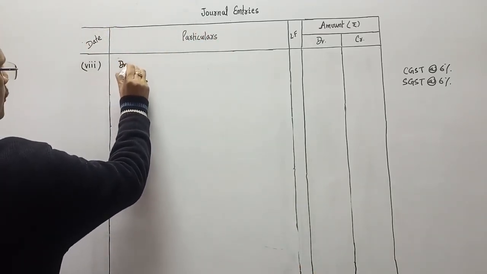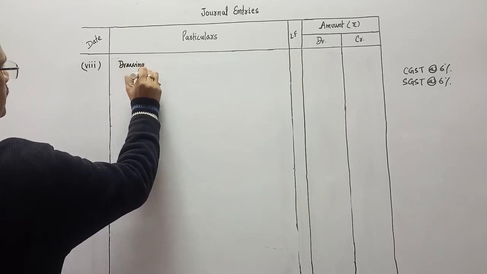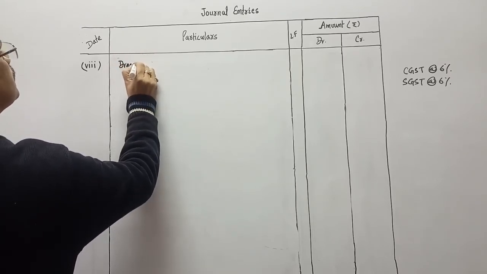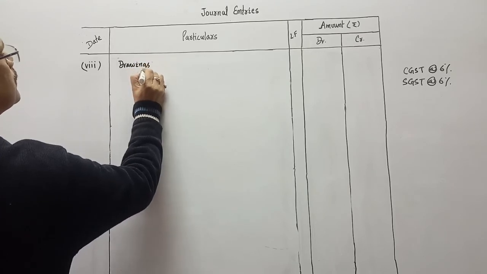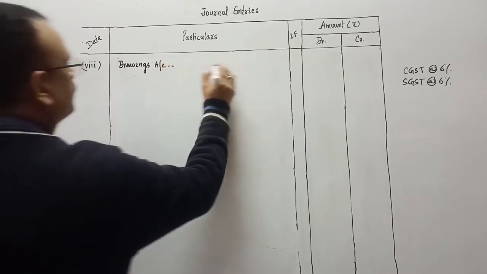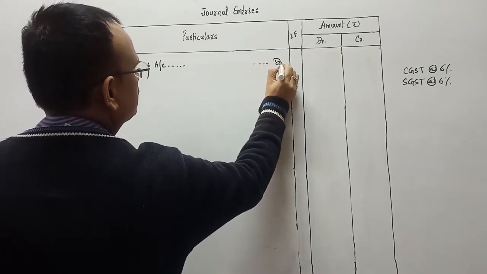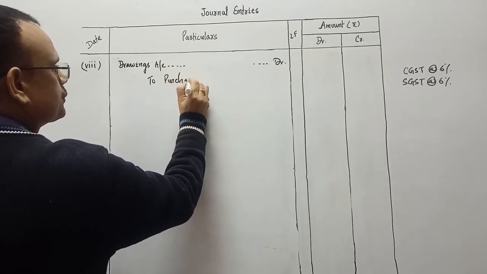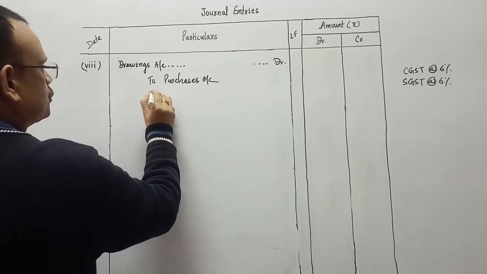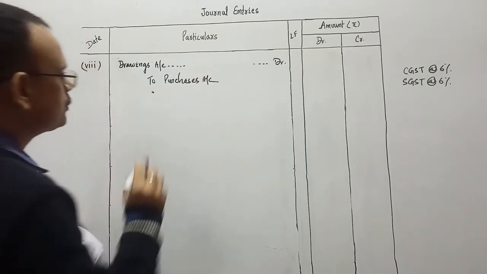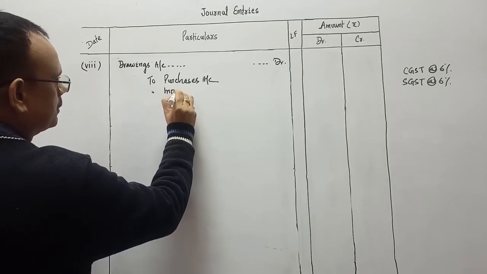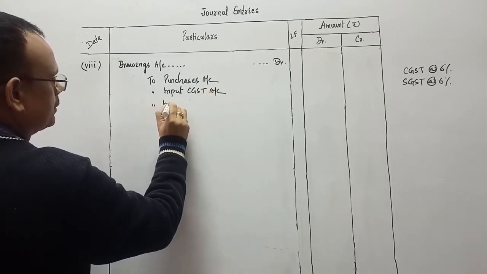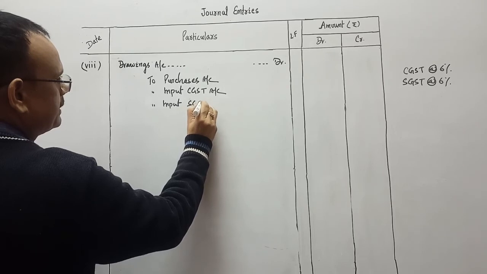So drawings account debit to purchase account, because goods are taken by the proprietor for personal use, to input CGST account, to input SGST account.